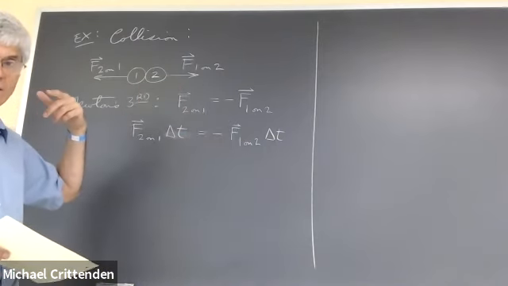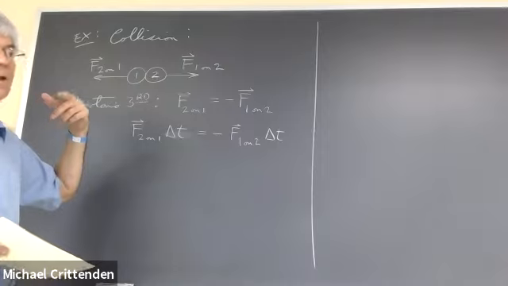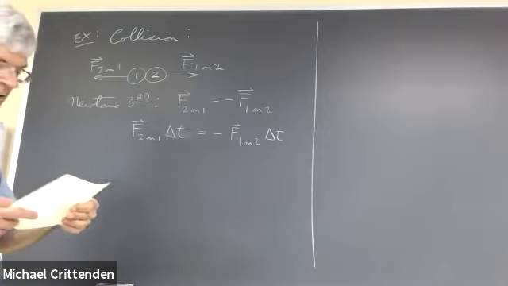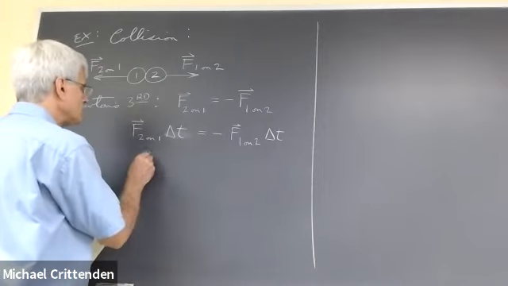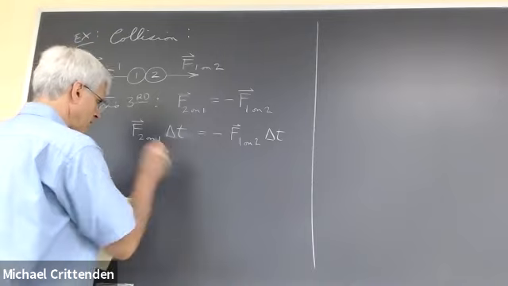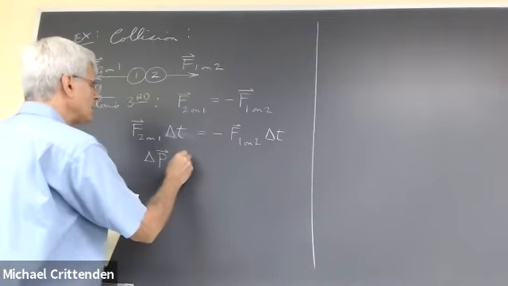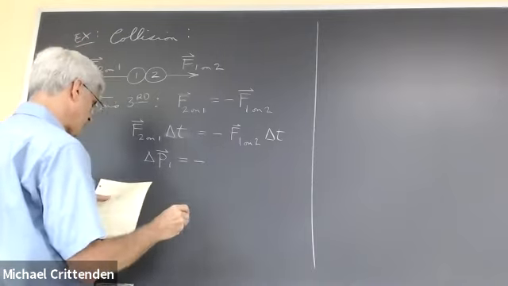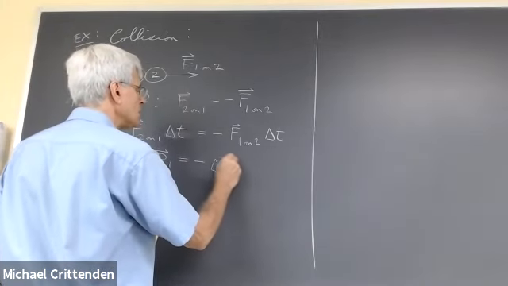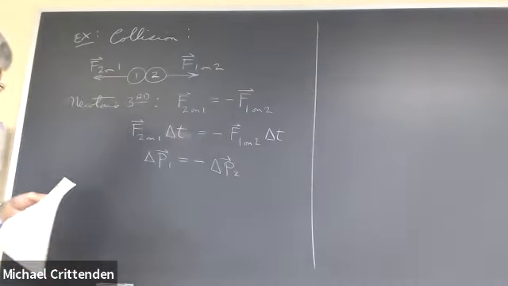And from what I said in the previous recording, the impulse acting on an object is equal to the change in its momentum. So the change in momentum of ball number 1 equals minus the change in momentum of ball number 2.